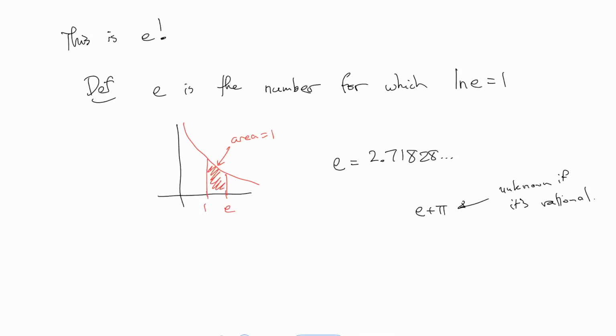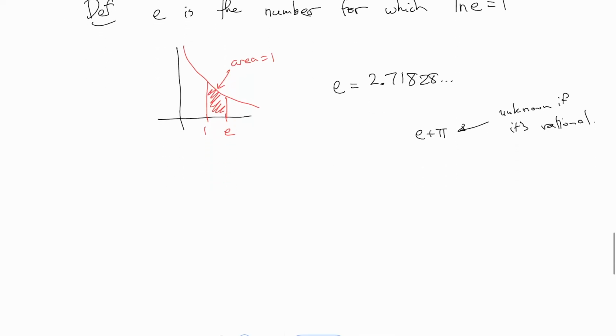Let's talk a little bit more. I've got some things about the natural log: derivatives and integrals involving the natural log, mostly derivatives for now. Derivatives and integrals using the natural log of x.